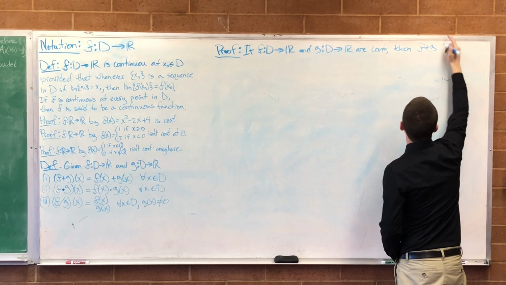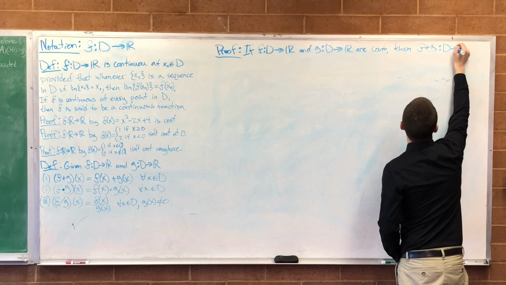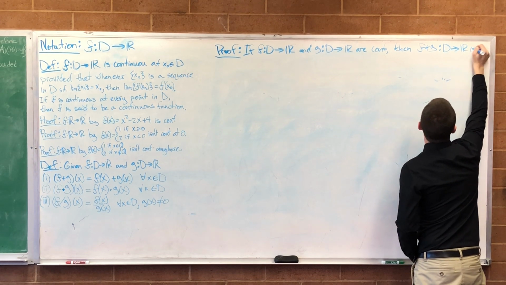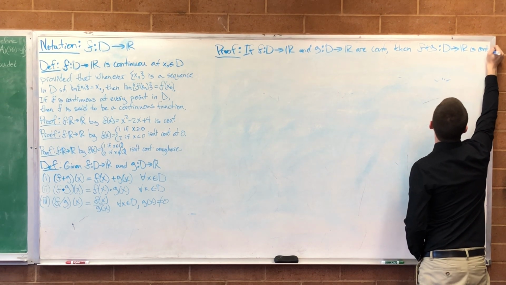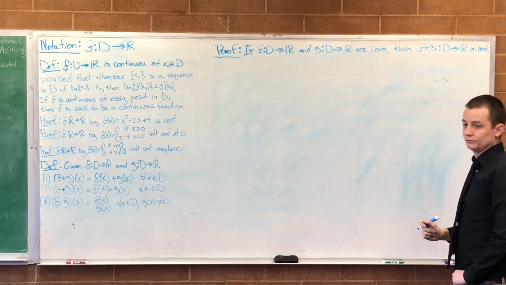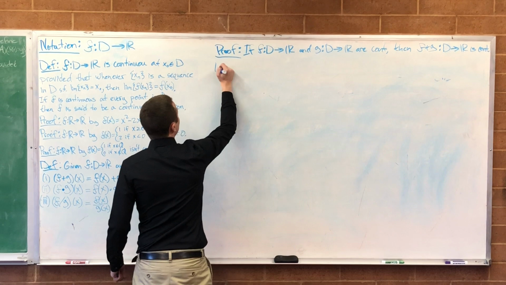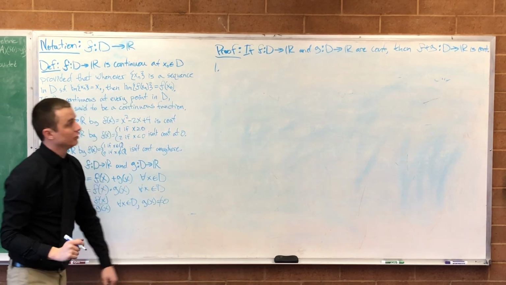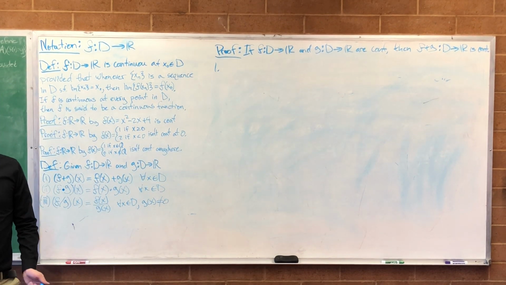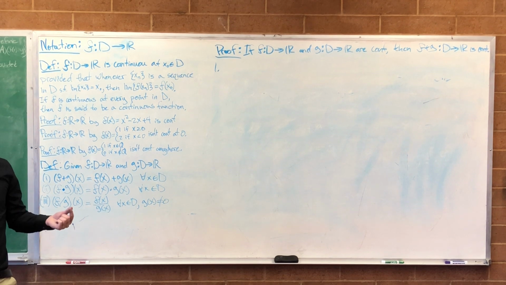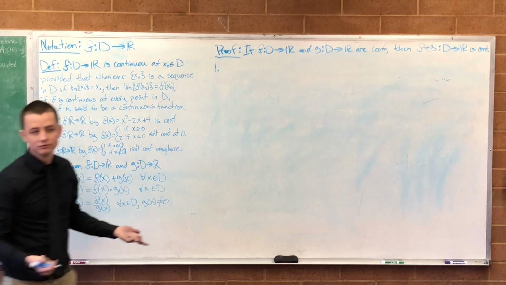Notice f plus g is also from D to R. Understand what we're proving? Alright. How are we going to show that it's continuous? We need to pick any point in the domain and any sequence that converges to that point and show that the image of the sequence converges to the image of the point.